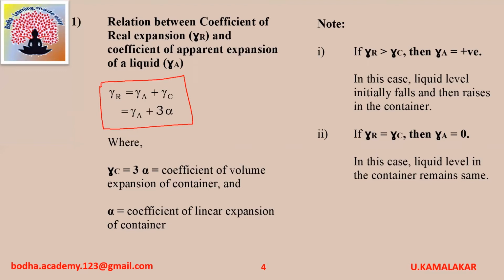Note, if gamma R is greater than gamma C, then gamma A is positive. In such case, liquid level initially falls and then rises in container. If gamma R is equal to gamma C, then gamma A is equal to 0. Then in this case, liquid level in the container remains same.